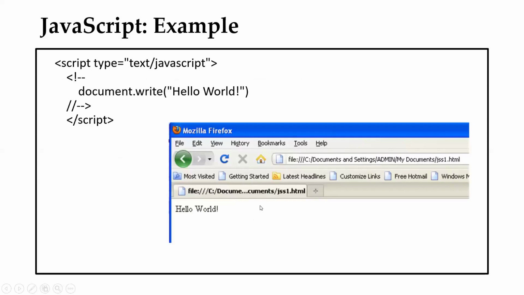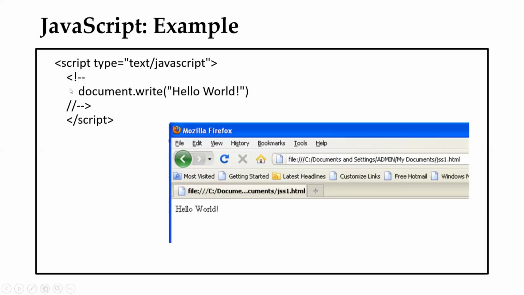This is an example of a simple JavaScript program. First we need to specify the script element, then the type attribute. In the type attribute, the value is text/javascript. This value must be sent to the browser. So this is JavaScript coding.